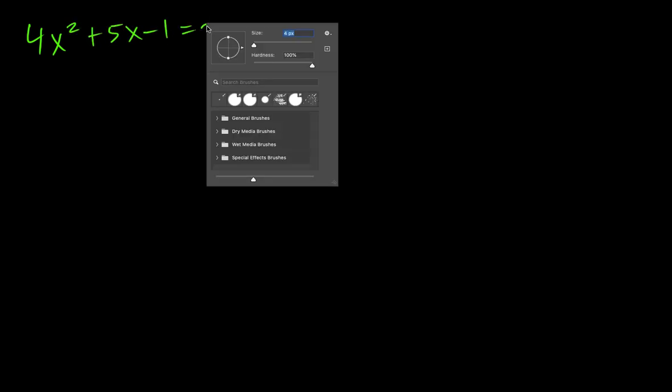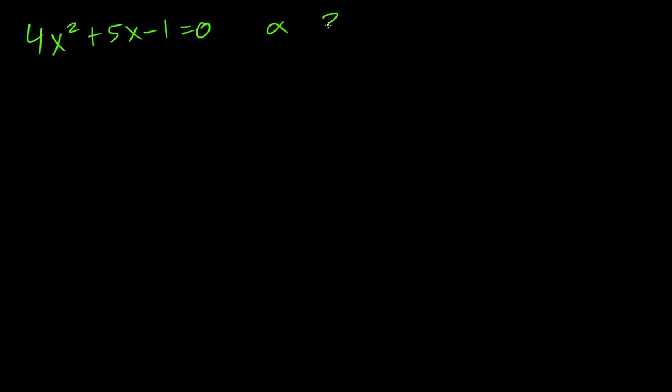Okay, now it says the roots of the equation are alpha and beta. Find the quadratic equation with roots 3 alpha, 3 beta. Okay. So we're going to first find the sum of the originals.